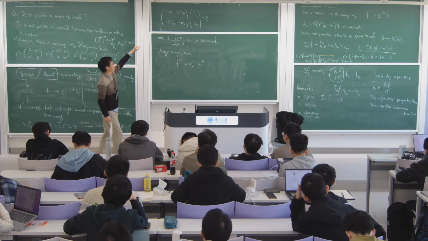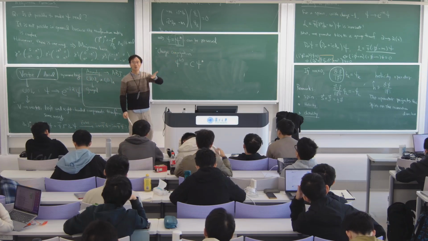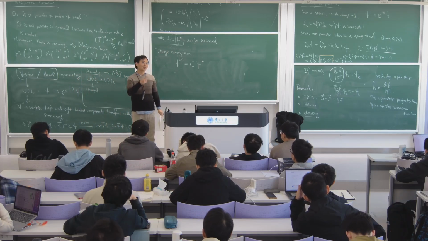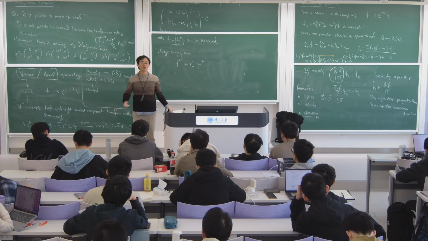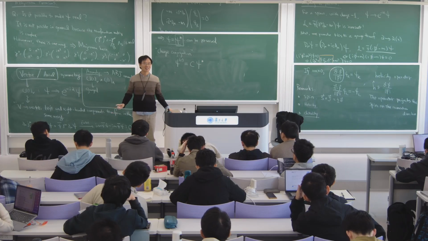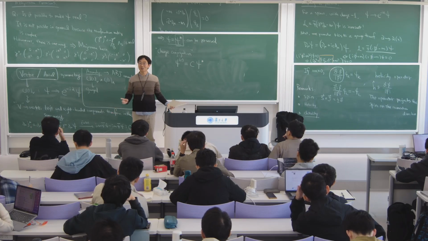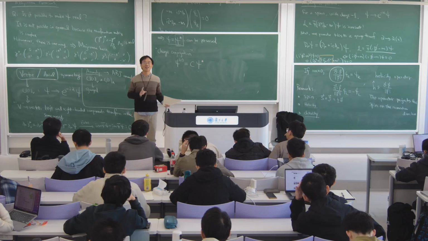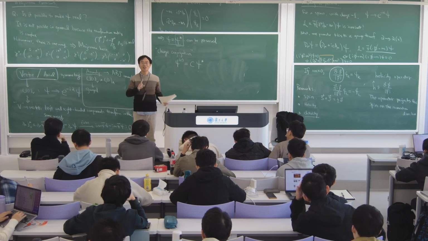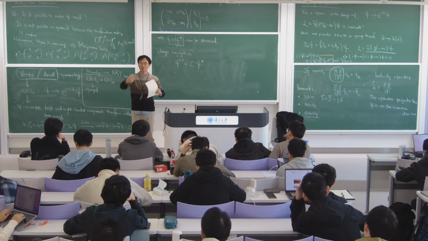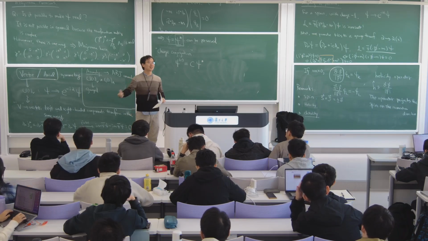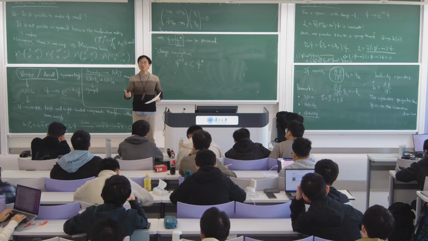For a complex scalar, you just take the complex conjugate, that's it. You don't need to worry about anything. That is the charge conjugation for a complex scalar. You transform phi to phi star, you just flip the charge.